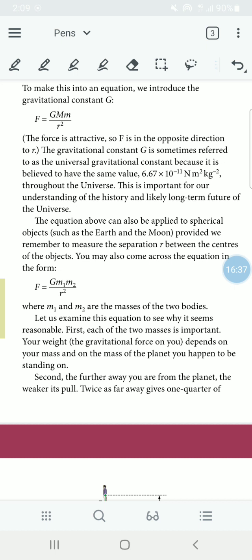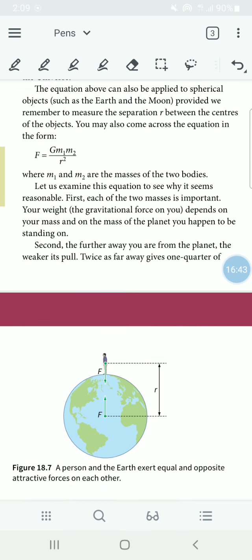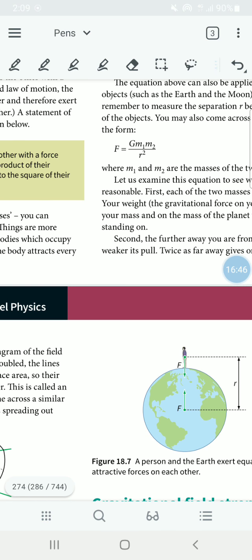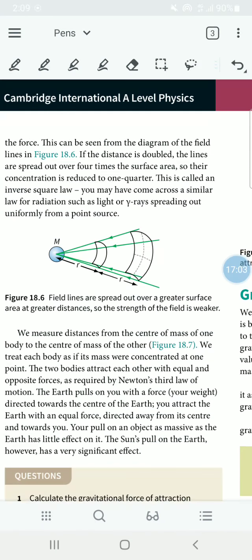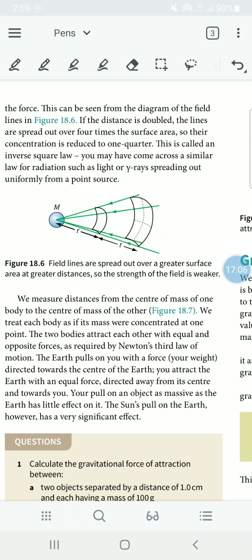The further away you are from the surface of the planet, the lesser would be the attraction on you by the planet. Next point, twice as far away would give 1/4 of the force. Please draw this figure 18.6 also. That might give you an idea as to why it happens like that.